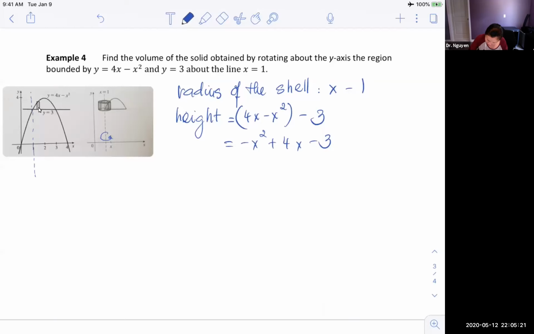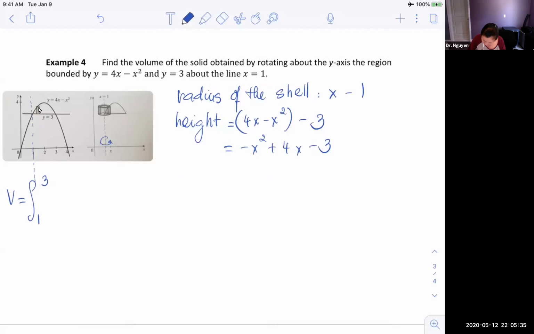All right, I'm ready. So V equals the integral from 1 to 3. Once again, we take care of the x here, so those should be the x values. 2 pi r, where r is x minus 1, times f of x, which is negative x squared plus 4x minus 3, dx.